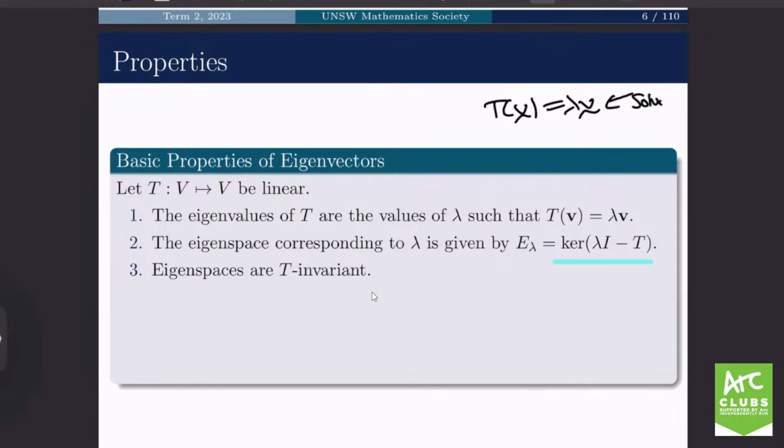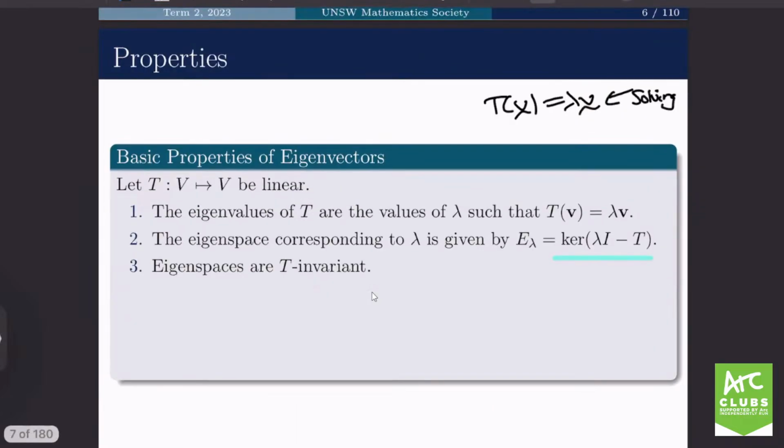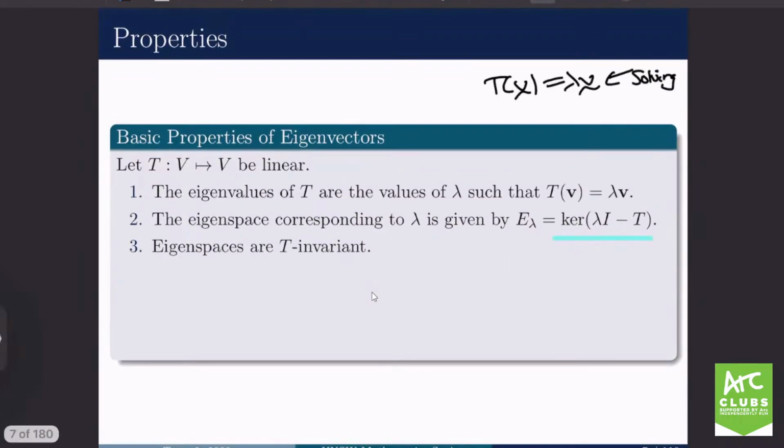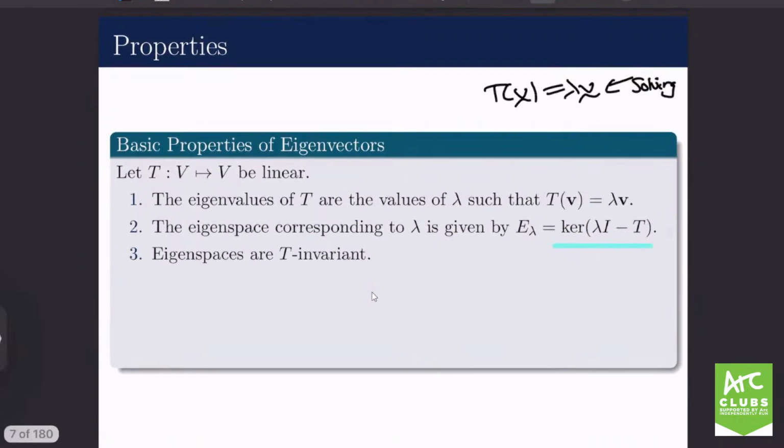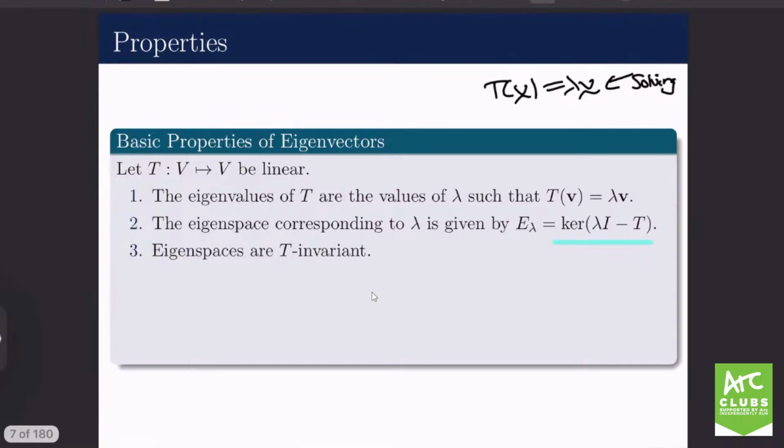So the question is, what are the vectors v that satisfy this? And those are the vectors given by the kernel of lambda I minus T, where I is the identity map. Eigenspaces are T invariant. So this makes sense given that if you take a vector, its direction is not changed. So if you took the eigenspace, it should be invariant under the linear map.